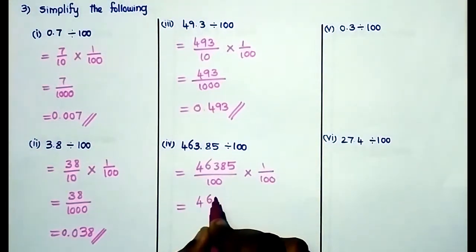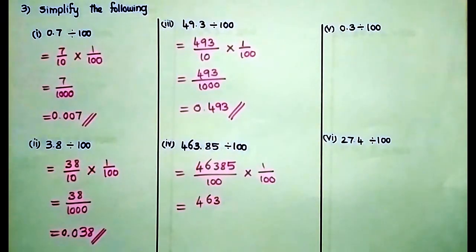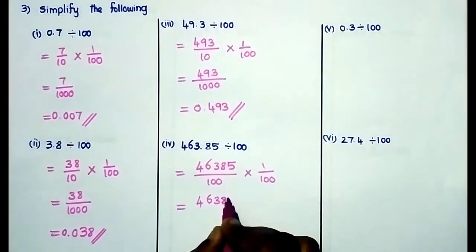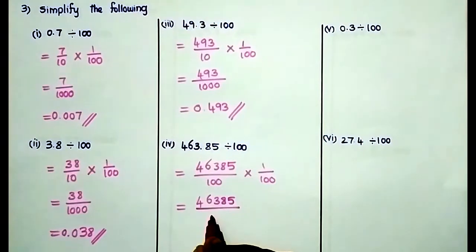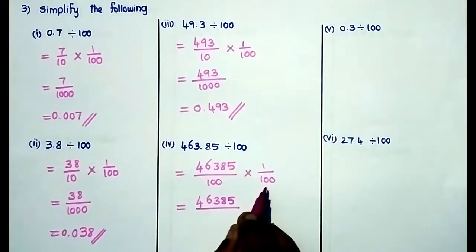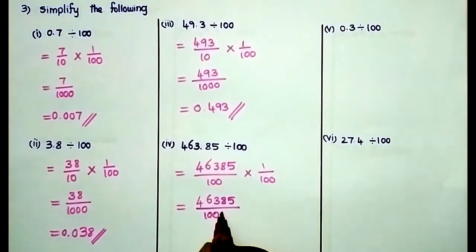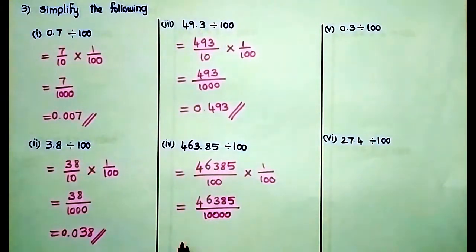So 46,385 divided by 100 into 100, 10,000. Now before 4 digits we have to keep the point. So 4.6385. That is the answer.